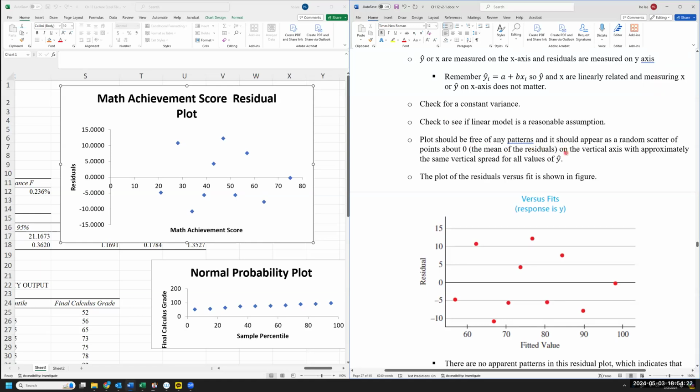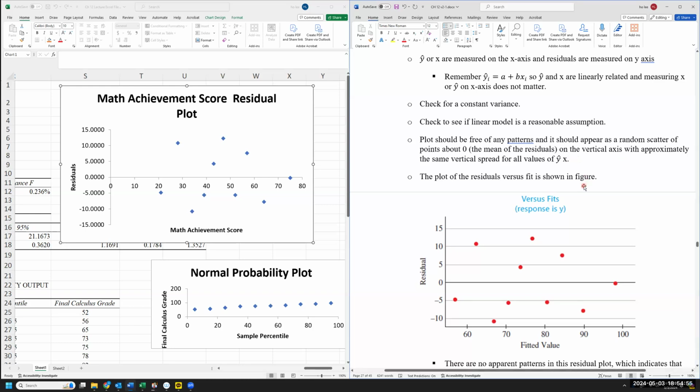It should appear as a random scatter of points around 0 on the y-axis, like a blob. This is a reasonable one, because you have some down here, some up here, and it's basically around 0, with approximately the same vertical spread for all values of y hat, or in this case, x.